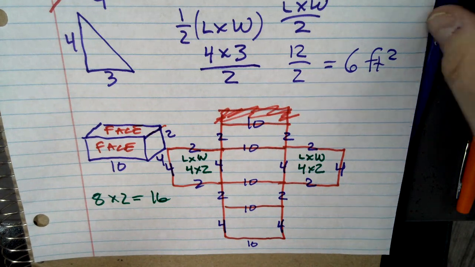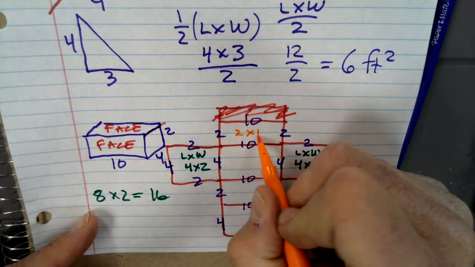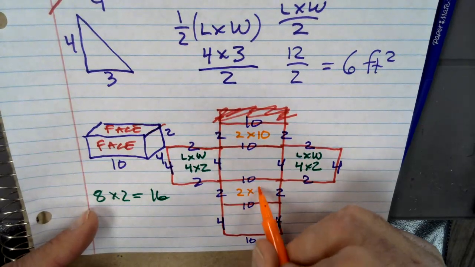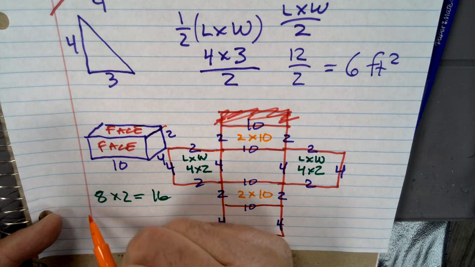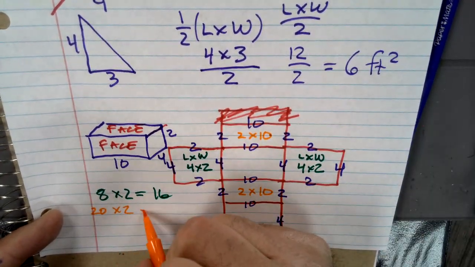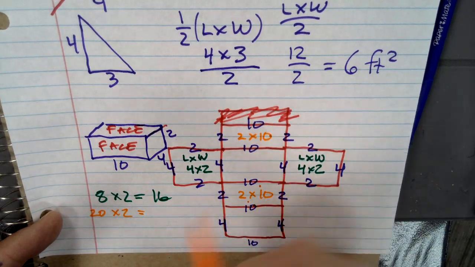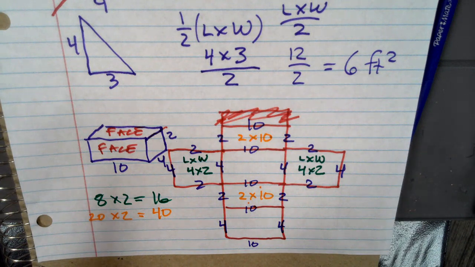Okay, let's do the orange side. We'll do this top one, 2 times 10. And here's a 2 times 10. So 2 times 10 is 20, but there's 2 of them. See what I mean? This one's 20 and this one's 20. So that's 40.